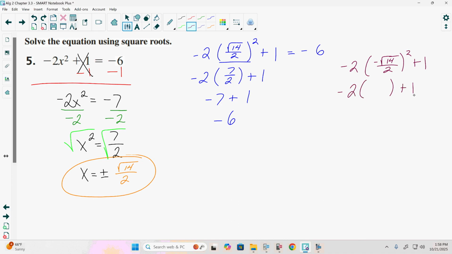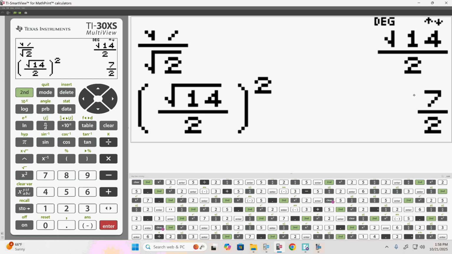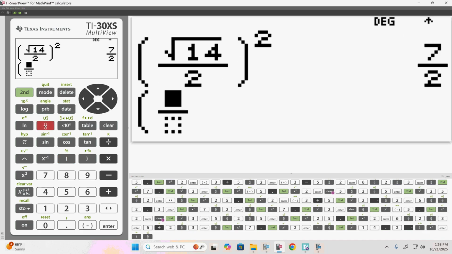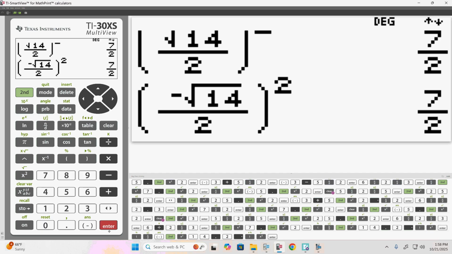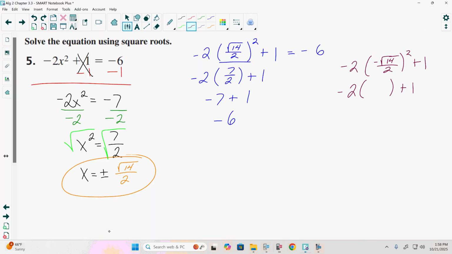So the first thing I'd calculate is the square root, parentheses, negative square root of 14 over 2 squared, which is still positive 7/2. And we multiply it by negative 2, we get negative 7, and negative 7 plus 1 is still negative 6. Both work. When we plug them back in, we got true statements. They did work out.